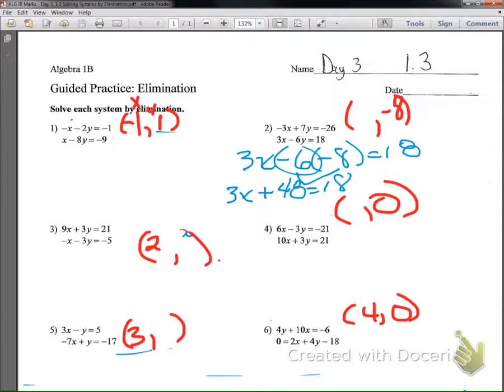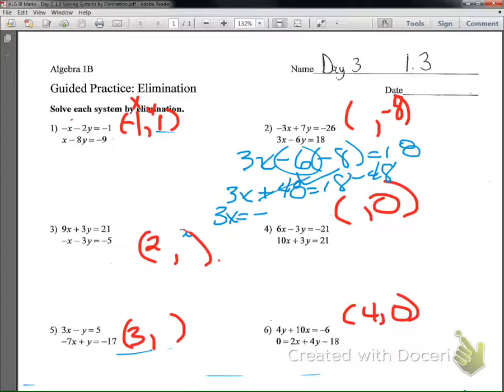Now solve, get x all by itself. Bring over the 48 as a minus 48. I have to write it off to the side there. So you get 3x is equal to 18 minus 48. Should get a negative number. They're opposite signs, and the bigger sign is 48.